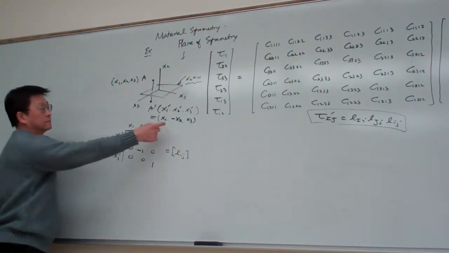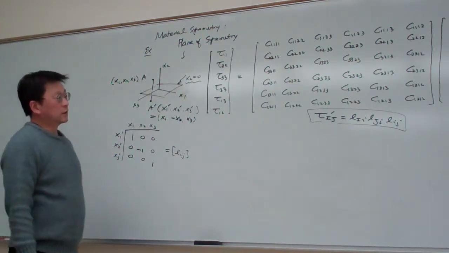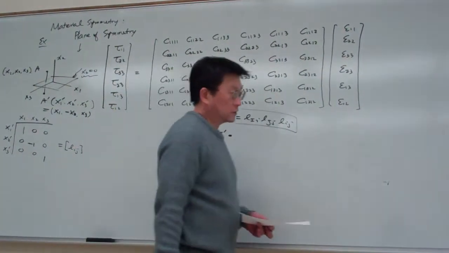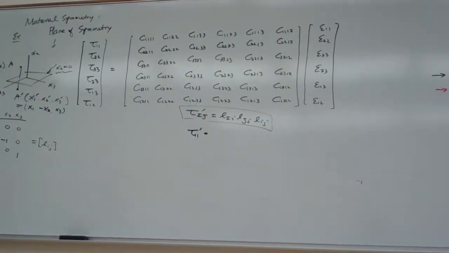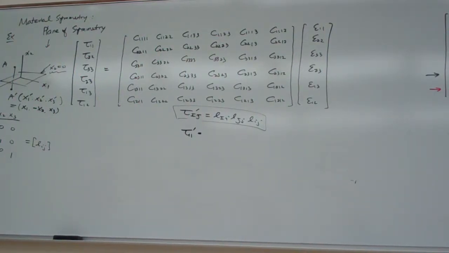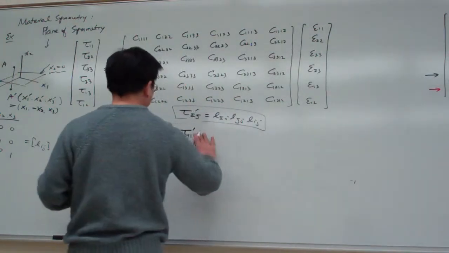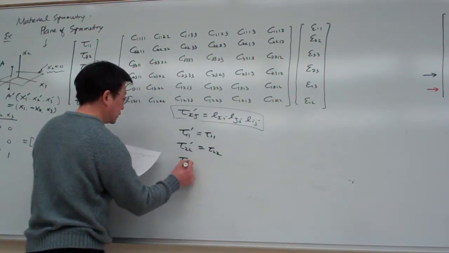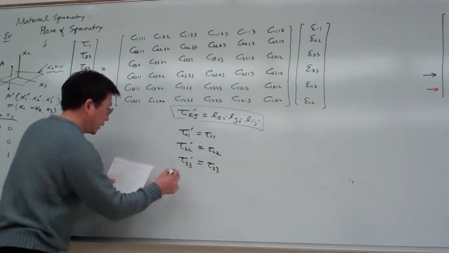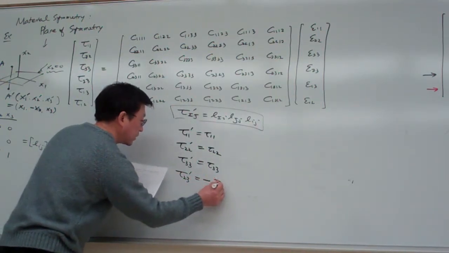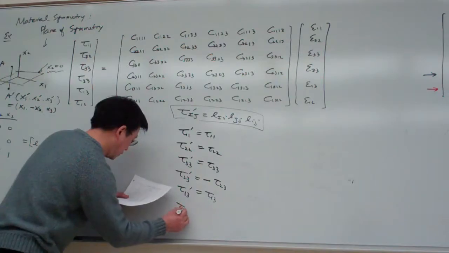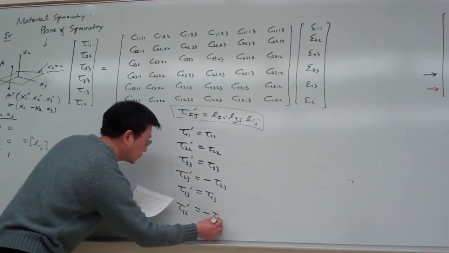Minus comes to here, right? Due to this one. So in a similar way, you repeat this calculation, and we can find tau 1 prime is equal to tau 1, and tau 2 prime equal to tau 2, tau 3 prime equal to tau 3, and tau 2 prime equal to minus tau 2, and tau 1 prime equal to tau 1, and tau 1 prime equal to minus tau 1.